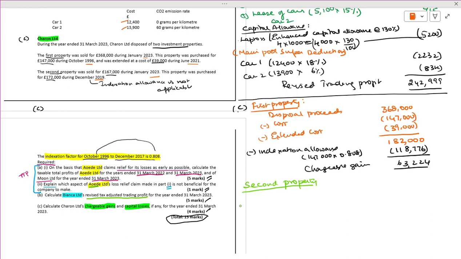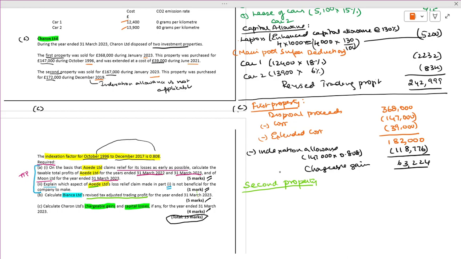The first property was purchased in October 1996. The extended cost was incurred after that period, during June 2021. That is the reason for 39,000 we have not taken indexation allowance. For the relevant amount, we have taken it. The second property was purchased in December 2019, so indexation allowance is not given.